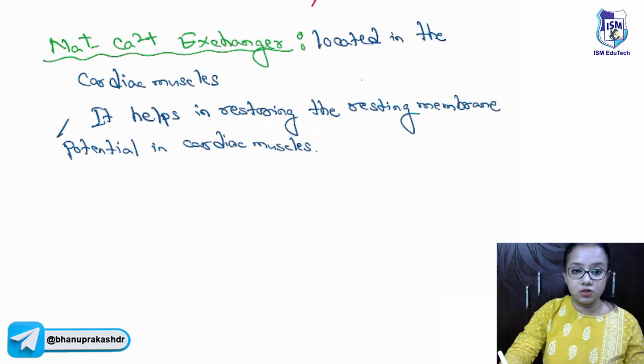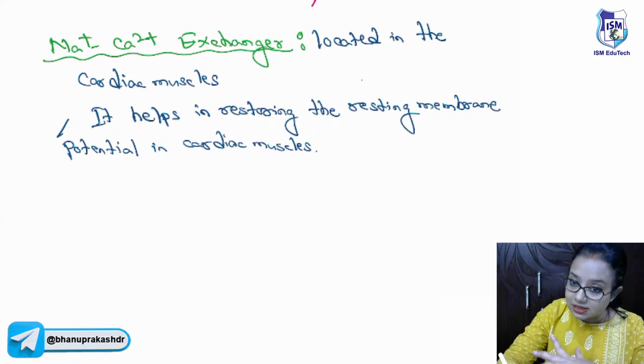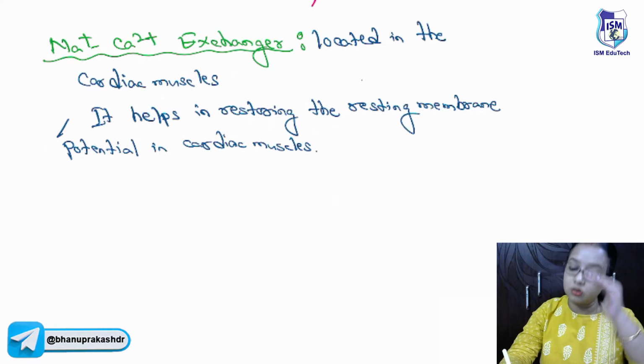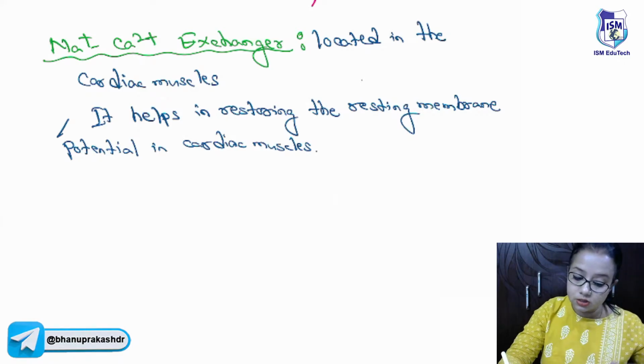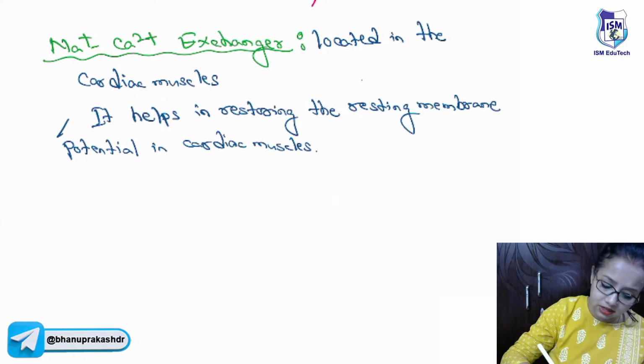Like after the action potential ensures contraction, it will make contraction happen. So after contraction, for relaxation, for restoring the cardiac muscle back to its resting condition, this sodium calcium exchanger plays an important role. Now, what does it primarily do?